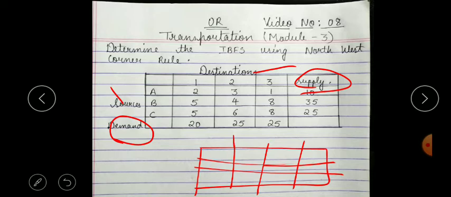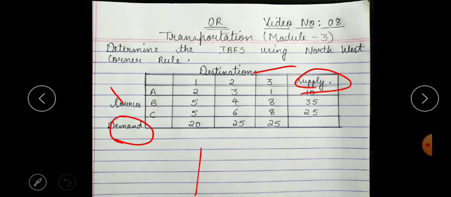Here destination, that is the first destination D1 you can say, the second destination D2, the third destination D3, and so on, D4, D5, D6, any number of destinations you can have. And then you have supply sources, that is S1, S2, S3, S4, S5, so on. So this is how the structure of a transportation model looks like.